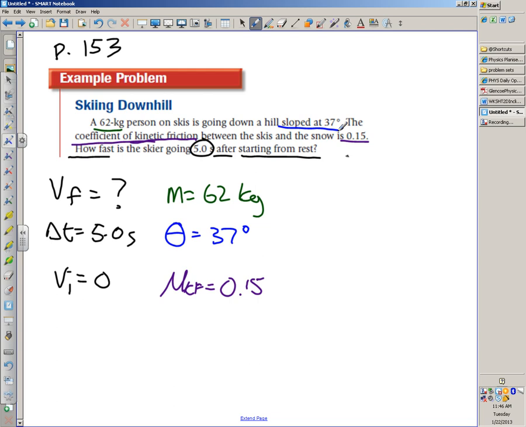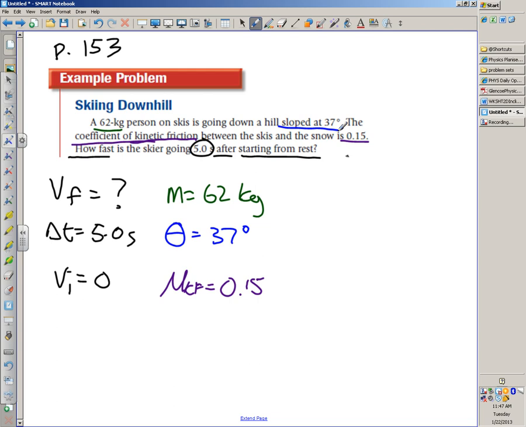Okay. This being the case, based on the information that they've given to us, especially the part that I've written in black over here on the left, what is this kind of looking like now? This is looking kind of like a kinematic equation problem. But in order to do a kinematic equation problem, how many things do you need to know? 3. And how many do we know? 2. Right? Because we don't know this one. We're going to solve for that one.